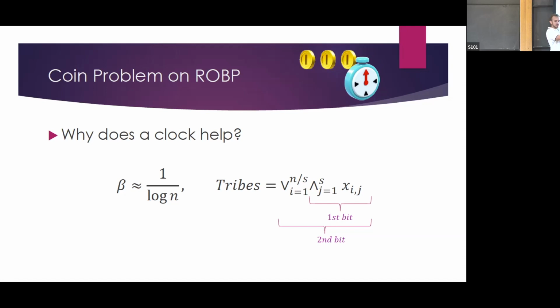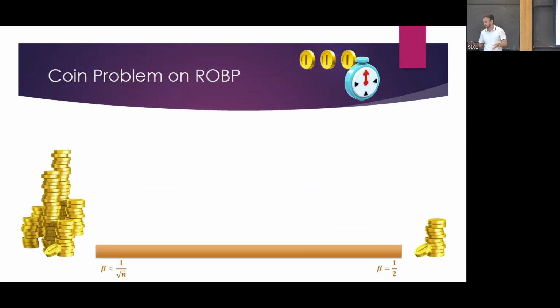I will just AND this to this bit. And whenever I see that I'm out of a tribe, I need just another bit of memory to OR these two, basically. To add these two, and in the end, I will know the value of this formula. And actually, in general, if I have a formula of depth D, I need only something like this many states of memory, not even D bits. So I need only log D bits of memory in order to emulate the formula of depth D.